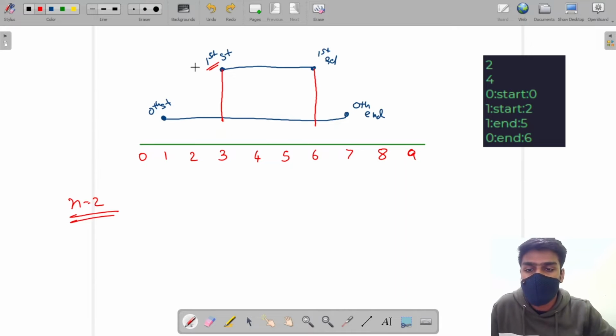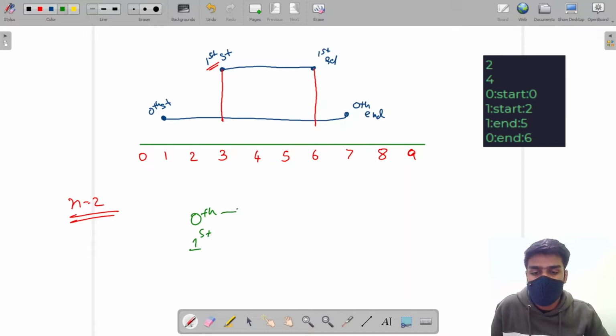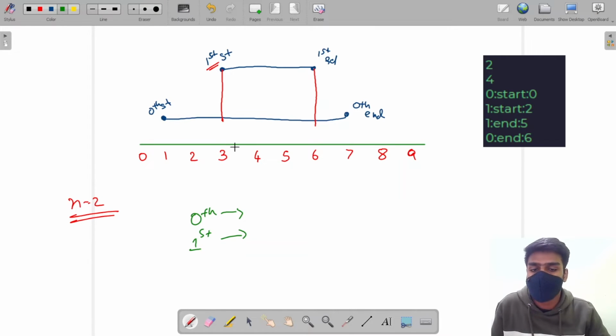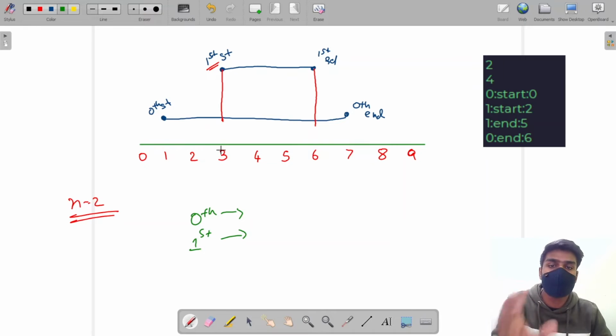So our 0th function is taking some time, and I'll write the first, so I will put an interval here. What's the time of the 0th function, let's say in seconds?